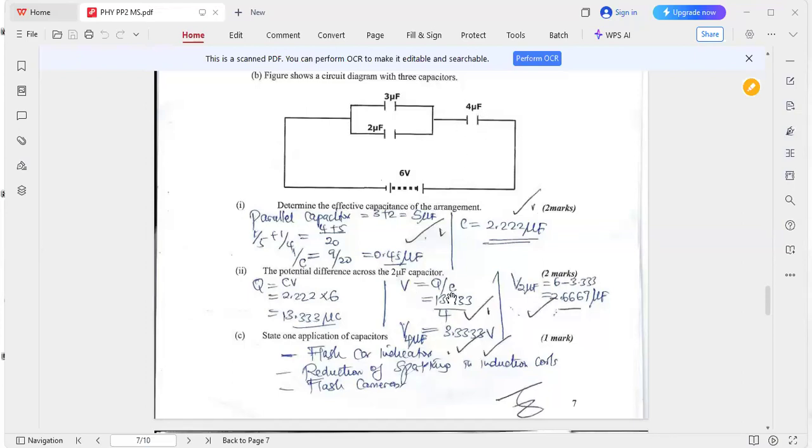So voltage equals Q over C, which is 13.33 divided by 4. Of course, I'm using microfarads for the capacitance, and microcoulombs for the charge.